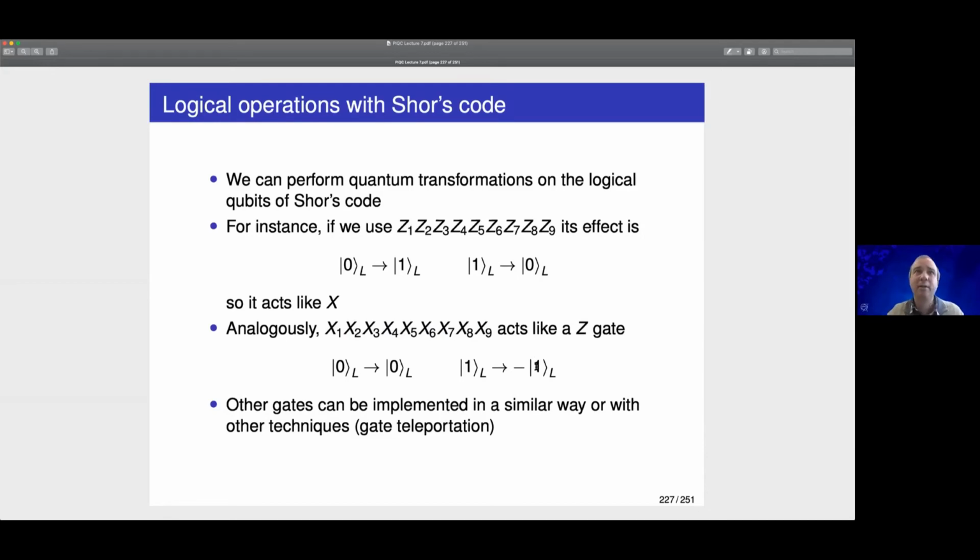Okay? And these are ways of implementing these operations without needing to go back to the decoded state, but we can do it just in the logical circuit.